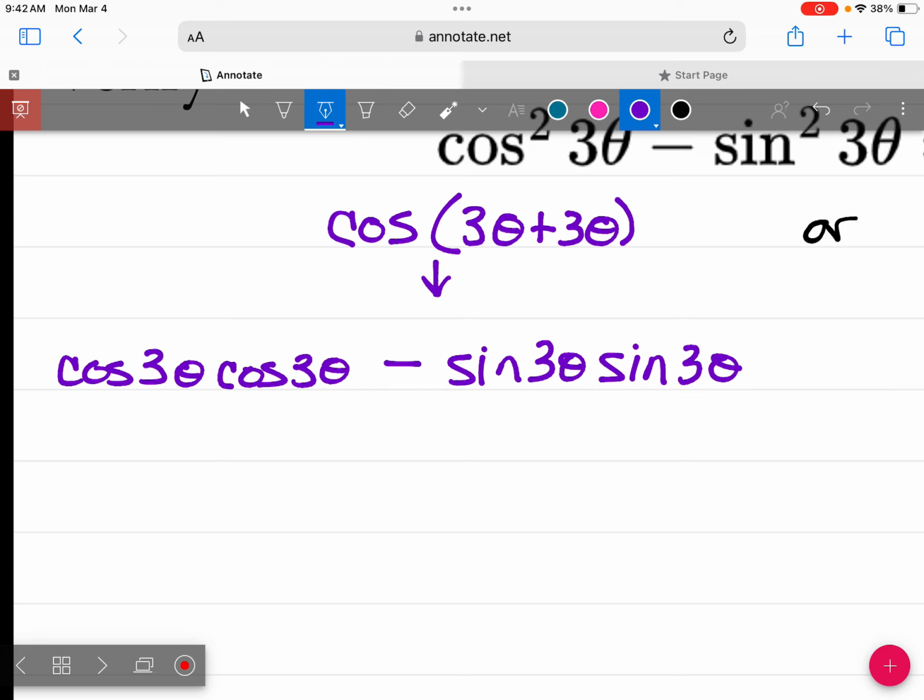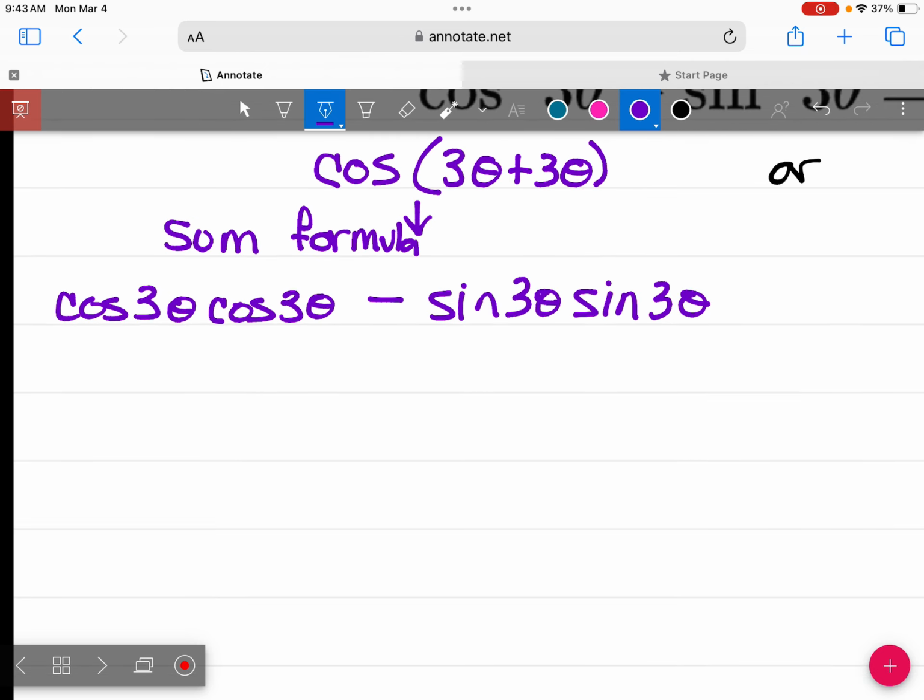So this is using our sum formula. And we can then simplify it. We have cosine squared of 3 theta minus sine squared of 3 theta. And that's exactly what we needed it to equal.